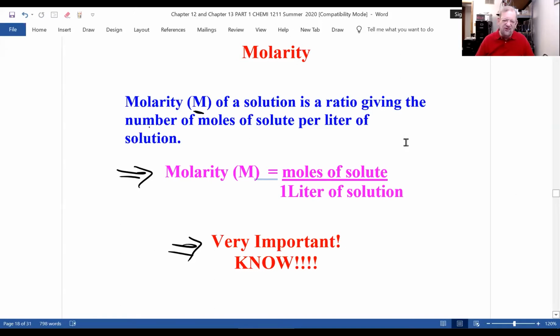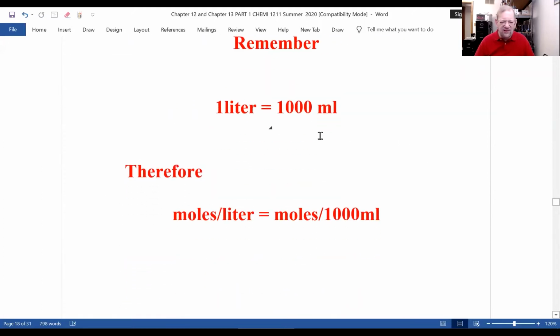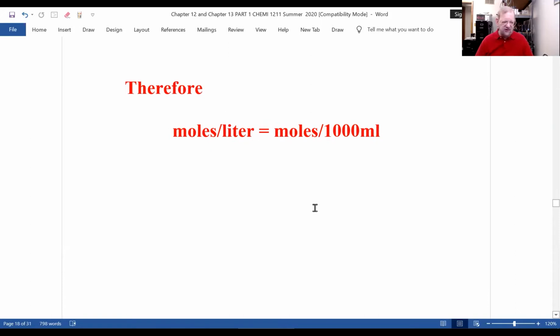But in the lab, we usually measure milliliters, and 1 liter equals 1,000 milliliters. Therefore, moles per liter equals moles per 1,000 milliliters, which is molarity.